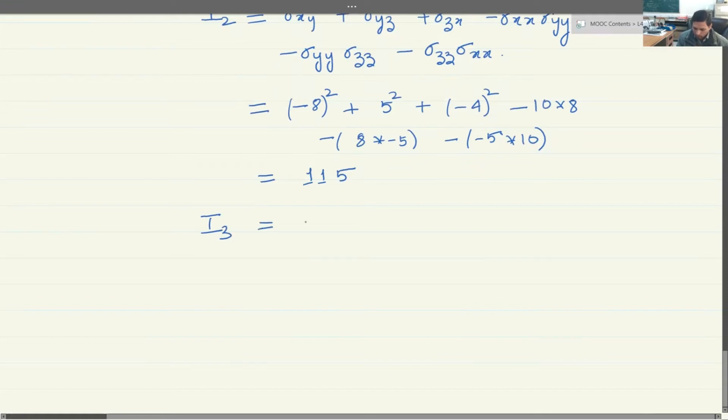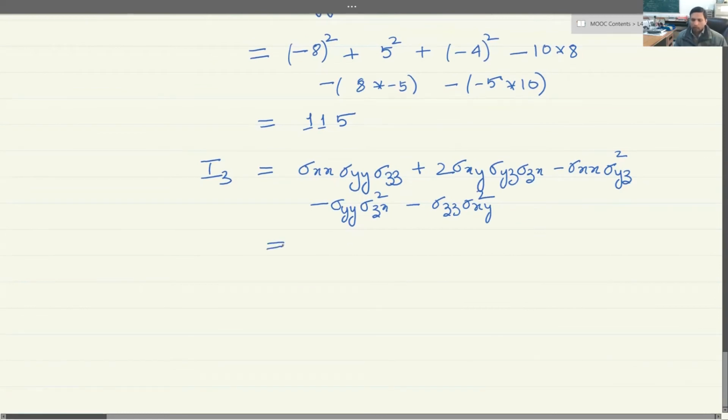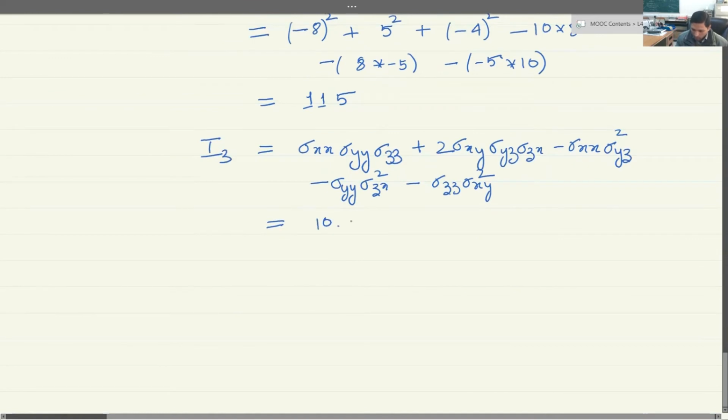Now calculating the value of I3, which is sigma xx, sigma yy, sigma zz, plus 2 sigma xy sigma yz sigma zx, minus sigma xx sigma yz square, minus sigma yy sigma zx square, minus sigma zz sigma xy square. So when you put in the values, this is 10 into 8 into -5 plus 2 into -4 into 5 into -8 minus 10 into 5 square minus 8 into -4 square minus -5 into -8 whole square.